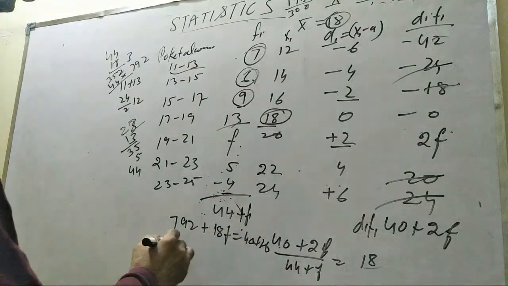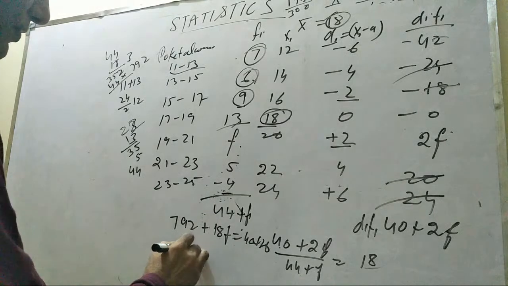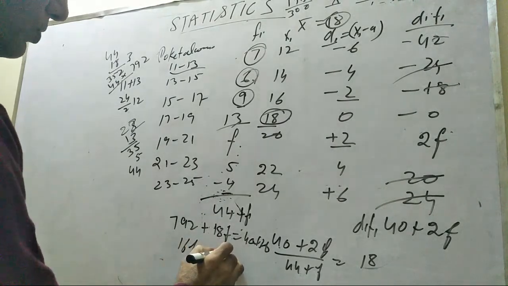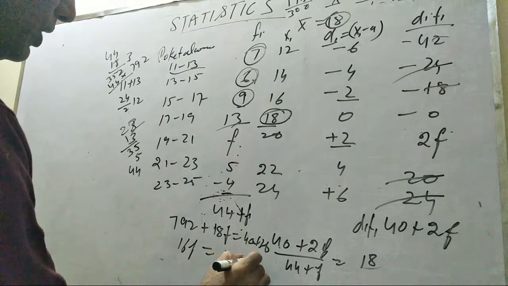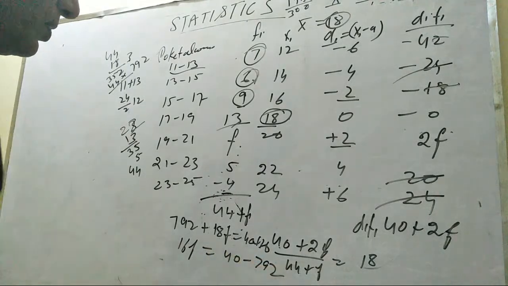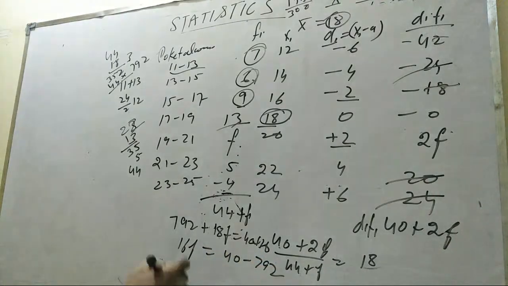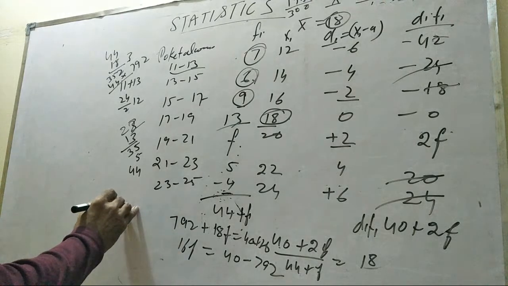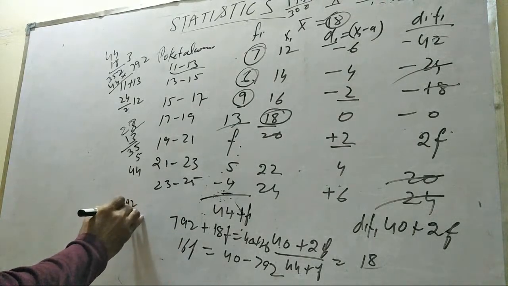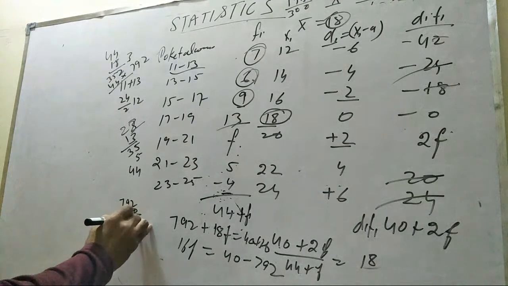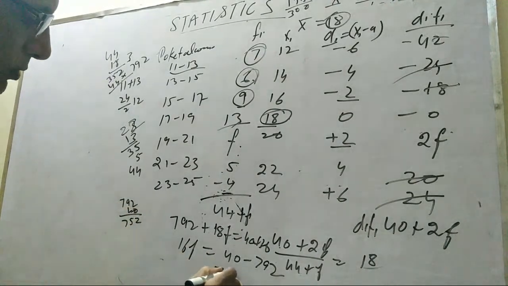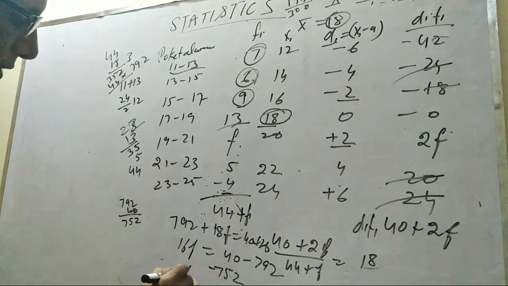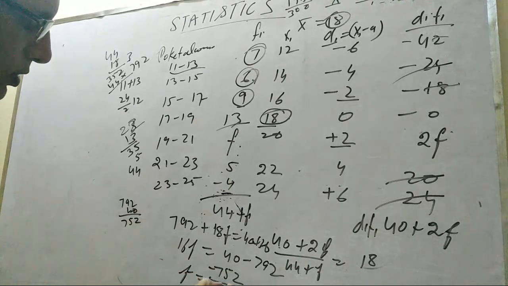Now with this, 18f minus 2f gives 16f is equal to 40 minus 792, which becomes 792 minus 40, that is 752. So 16f is equal to 752.